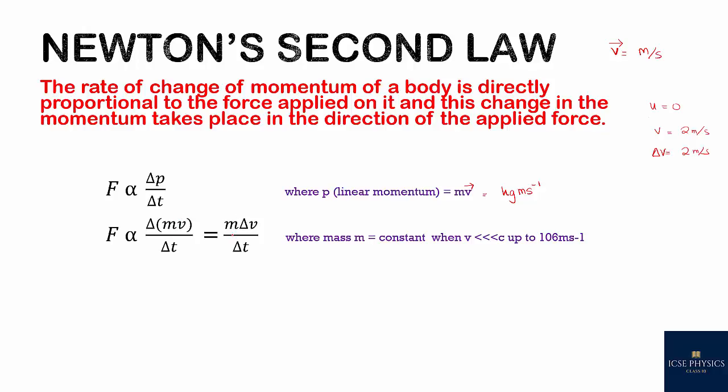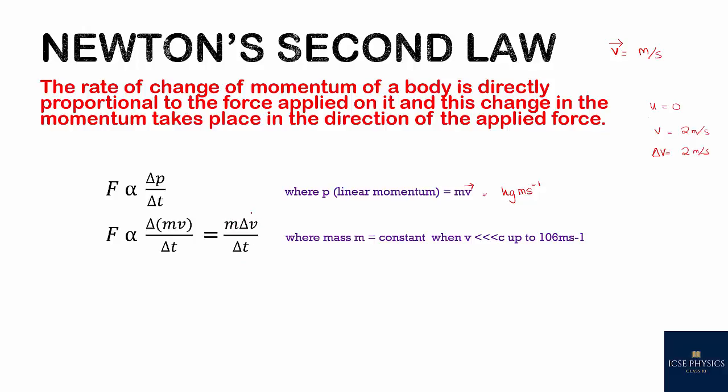Now I have kept mass constant. Why? Because mass is the quantity of matter a body contains. Suppose 5 kg of cotton is placed on earth, it will remain 5 kg. And if you take the 5 kg of cotton to the moon also, the same 5 kg mass will remain constant.